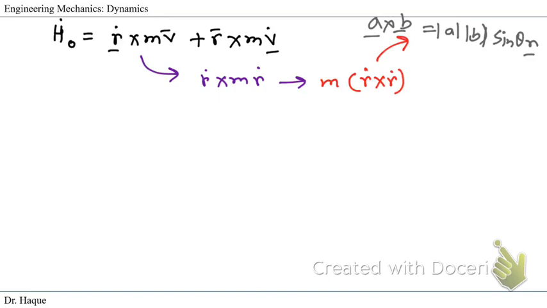So it depends on theta, right? If you're cross producting the same vector, r dot cross product with r dot, then the angle between r dot and r dot, theta, equals 0. So sine theta equals 0. That's how the cross product becomes 0, and that is why we are writing r dot cross product r dot as 0. So what it gives us is that the first term here does not exist. So this is 0.